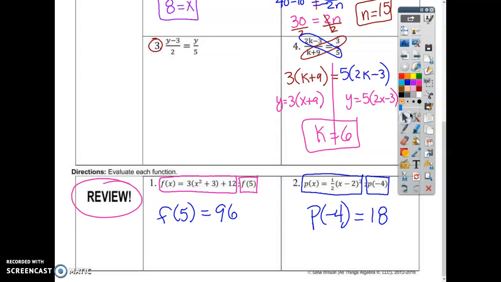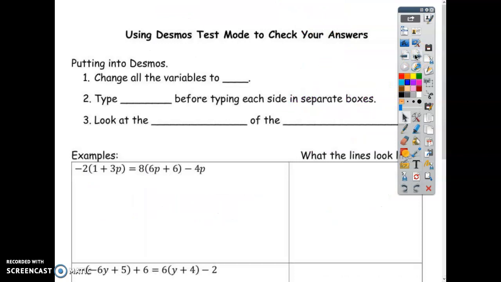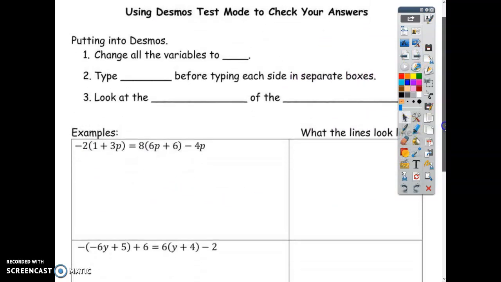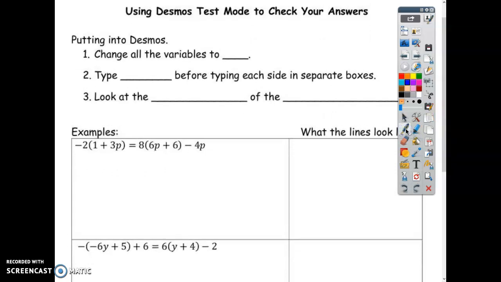All right? On the back page, on the next page, on the right side, this is just a review on how to put it in decimals. Remember that you have to change all the variables to x's. That means my p's should be x's. And then you always type y equals before you put it.